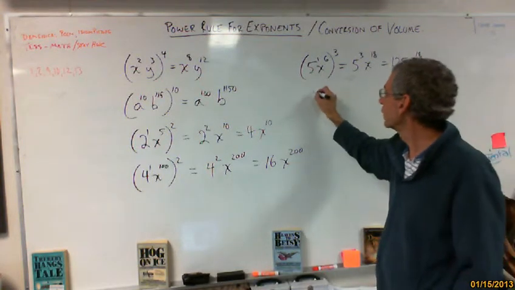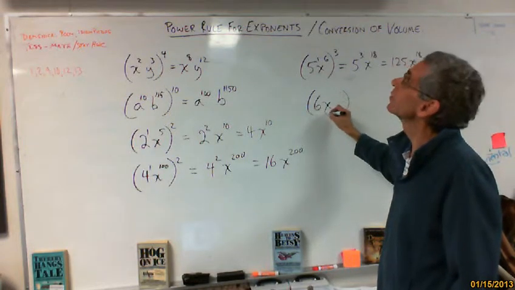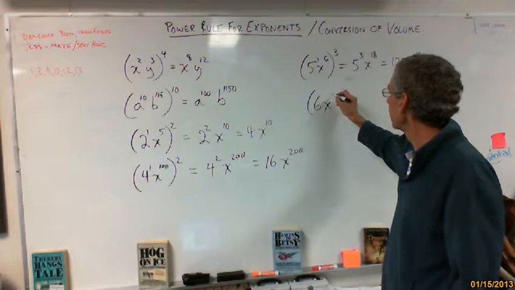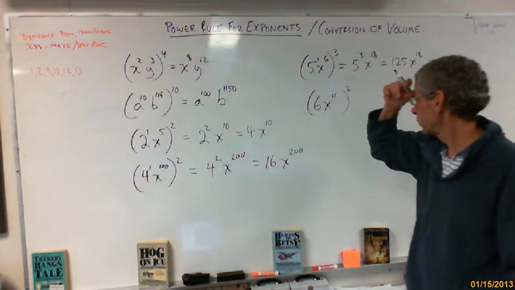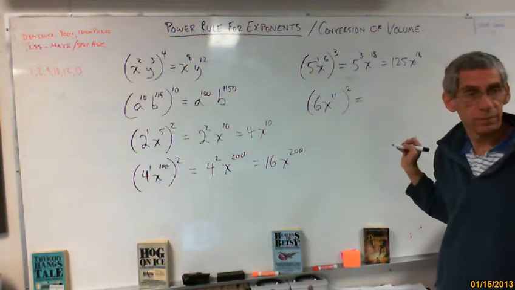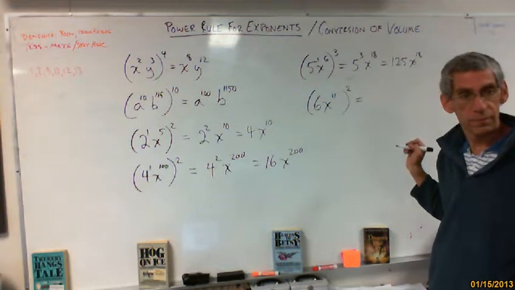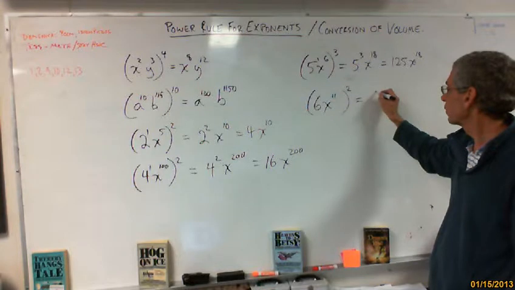All right, last one. I know I said that already. 6x to the 11th, squared. It would be 6x squared.